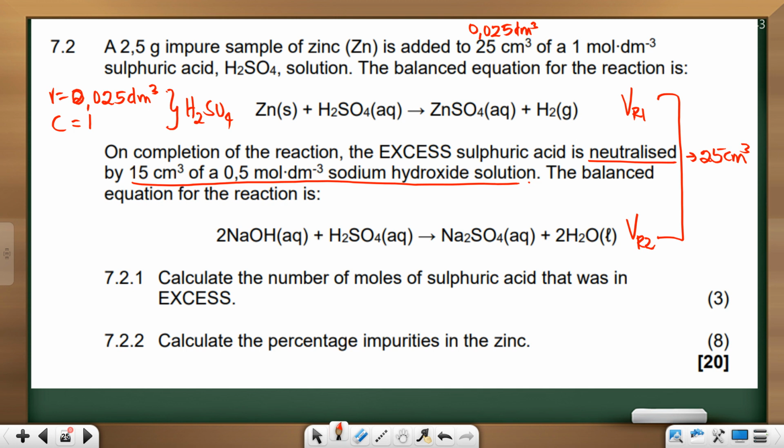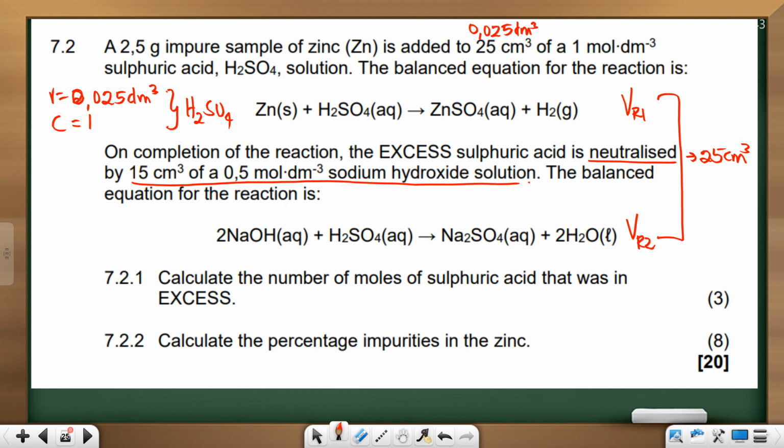Let's go back. It says zinc was dissolved in 25 cm cube. Then the excess was used. It means in reaction 1, we did not use all the 25. Make sense? What was remaining is called what? Excess. That's the excess we took to reaction number 2.